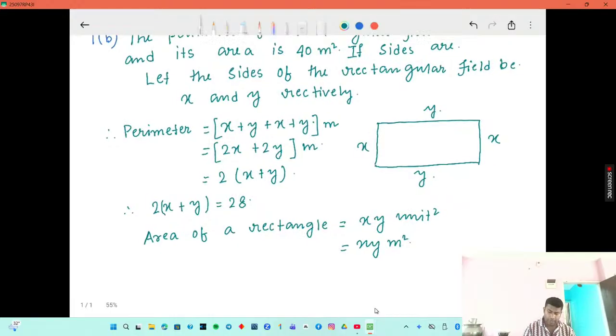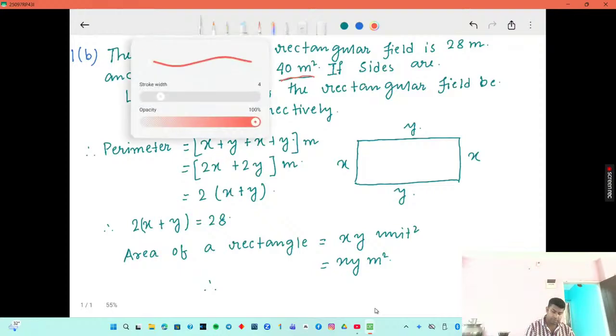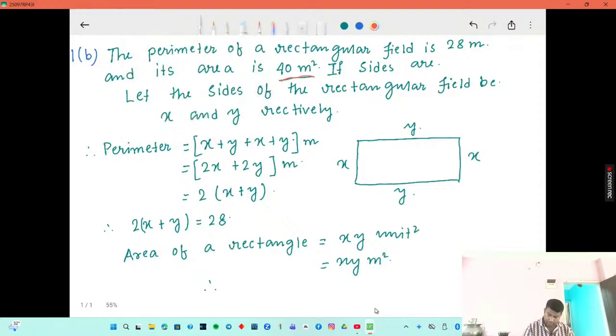Here, the area of the rectangle is given as 40 meter square. Therefore, we can write xy is equal to 40. Is it clear?